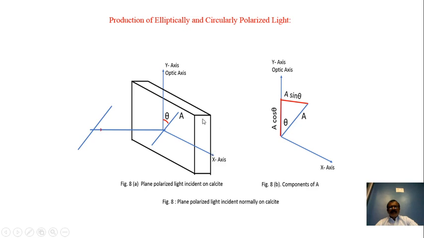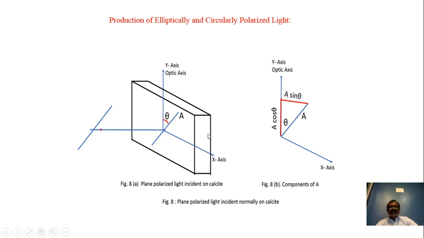Now this calcite crystal has a thickness such that when the ordinary and extraordinary rays come out of this crystal, a path difference of lambda by 4 is produced for this monochromatic wavelength which we use here.